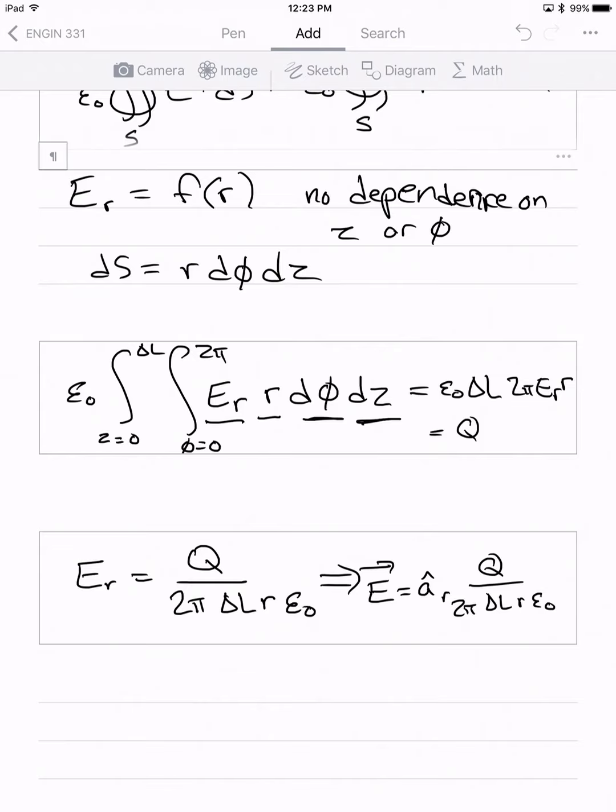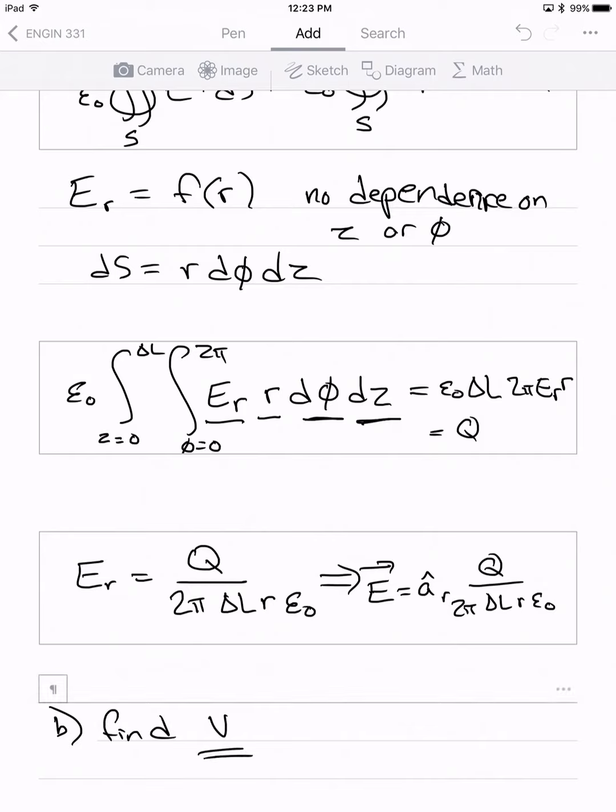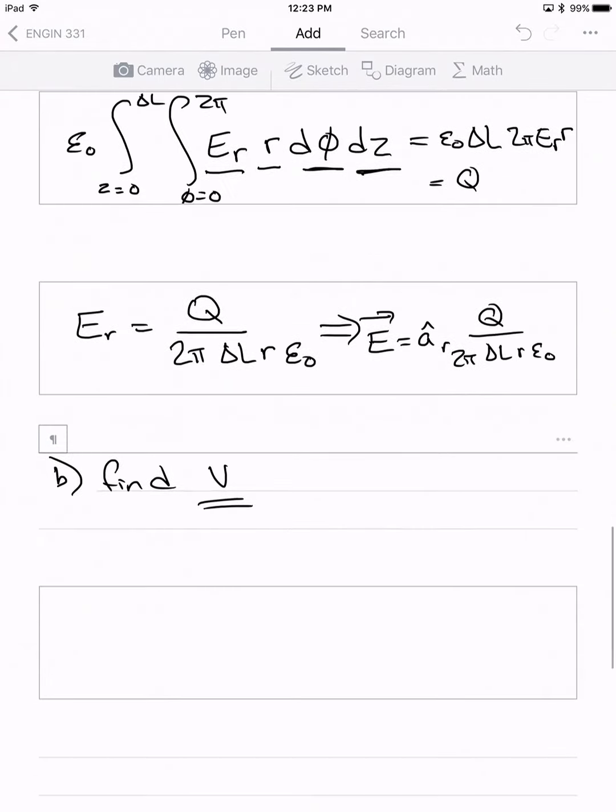Since they started you off with a voltage, they asked you to find the charge density on the inner conductor next. Instead, we're going to do it the other way around. So part B is going to be find the voltage. For that, we start with voltage equals minus the integral of E dot dl from conductor 1 to conductor 2.